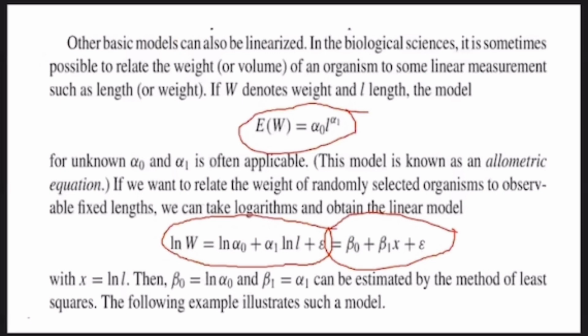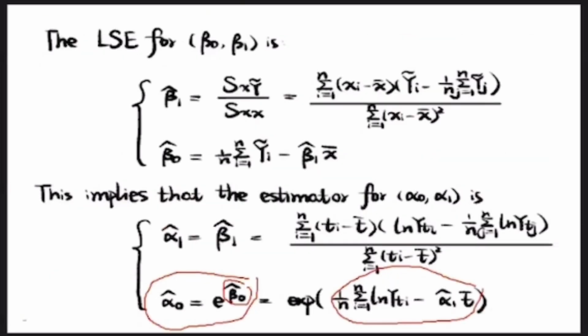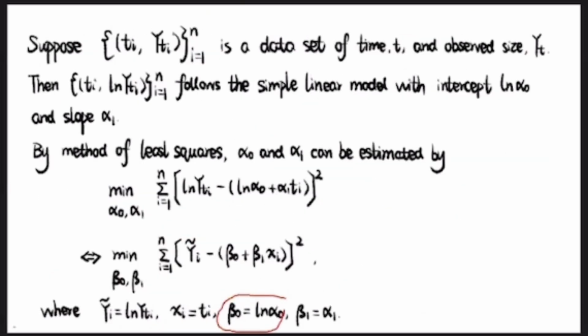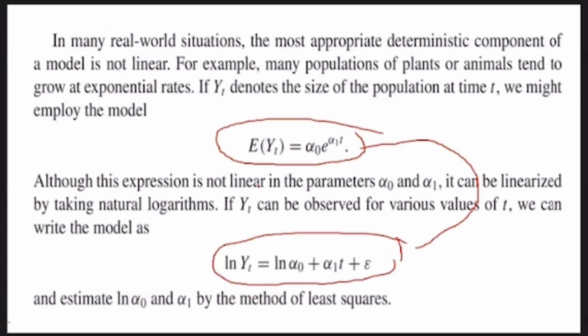Okay, so what I was trying to say is this. You asked why is it? I think in your question you are actually referring to, let me take you back, you are actually referring to here. Now, if you take a look at here, we said, for example, many populations of plant or animal tend to grow at an exponential rate.